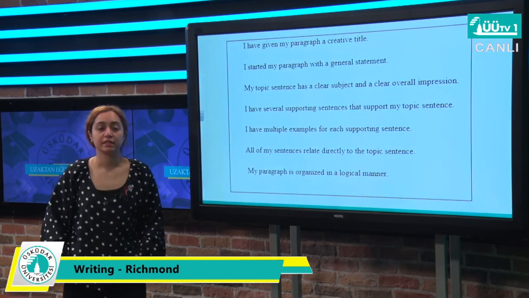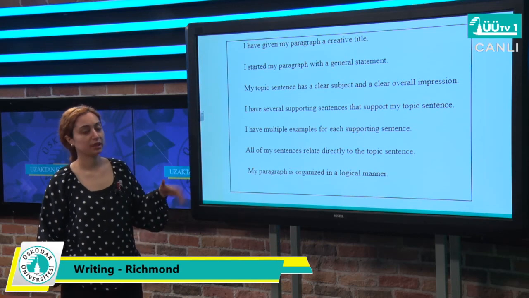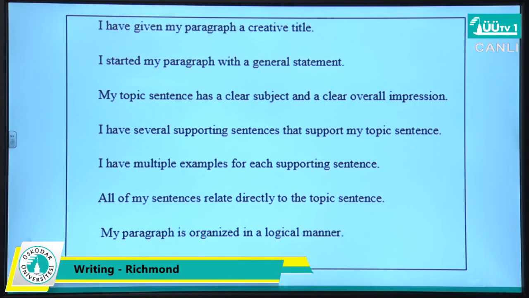So after writing an effect paragraph, please follow this checklist. Please check yourself. I have given my paragraph a creative title. Yes. I started my paragraph with a general statement. Yes. My topic sentence has a clear subject and a clear overall impression. Yes. I have several supporting sentences that support my topic sentence.